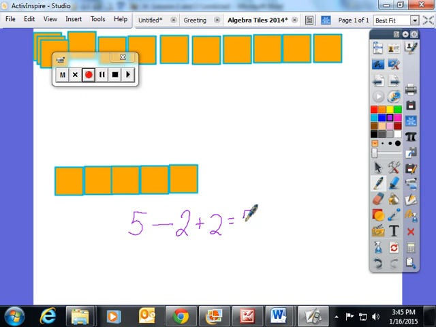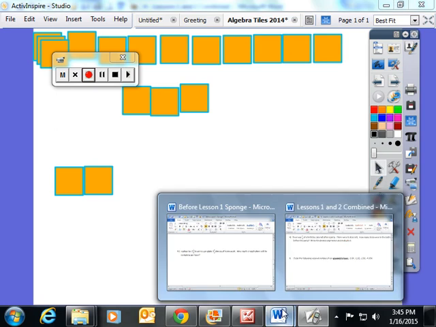They were obviously left with 5. And this is just to show the students subtraction and addition are opposites of each other. They undo each other. Their value is 0. When you take 0 away from any number, you are left with the number's identity, or you get that number back.